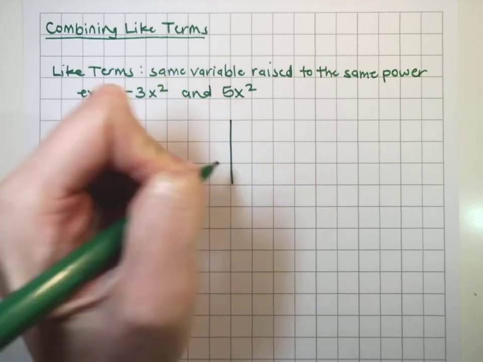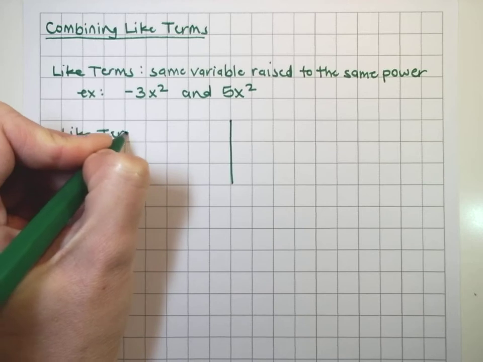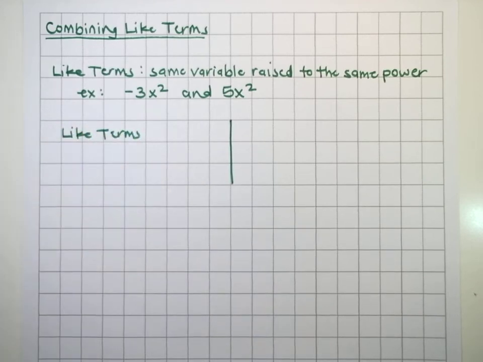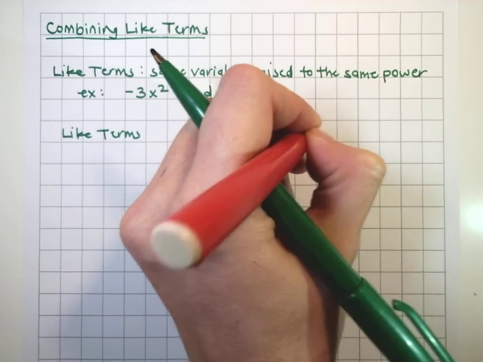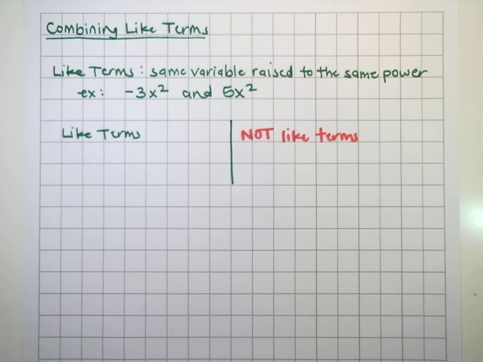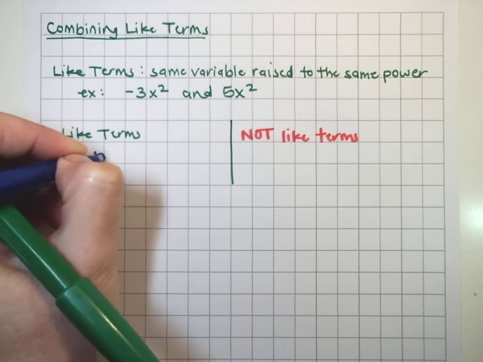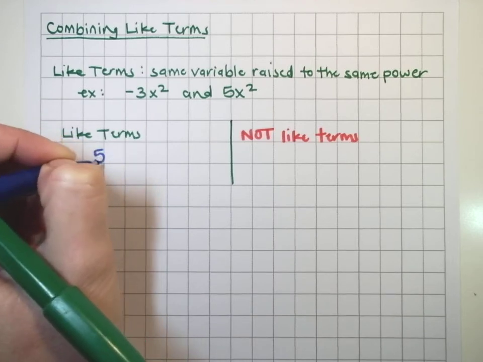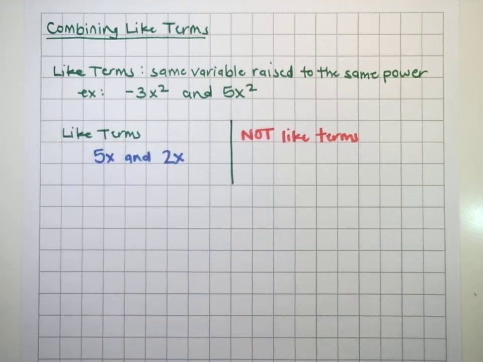So just to make sure we understand, we'll do a little table of like terms and things that are not like terms, to make sure that we fully understand. So 5x and 2x. Those are like terms.